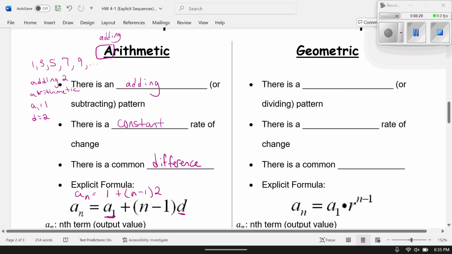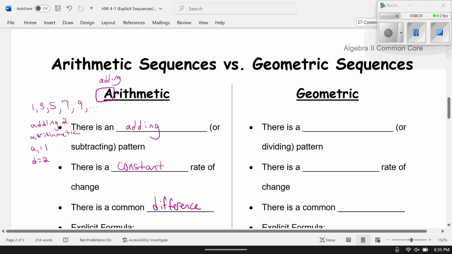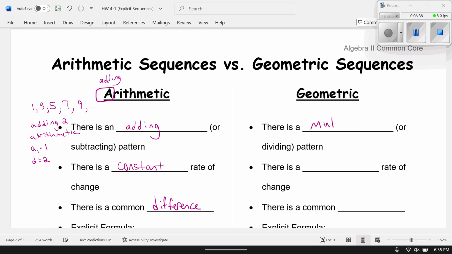On the right-hand side, you have geometric sequences. Geometric sequences is when you see a multiplying pattern or division. So if we are having a multiplying pattern, like on before, you have a percent rate of change.